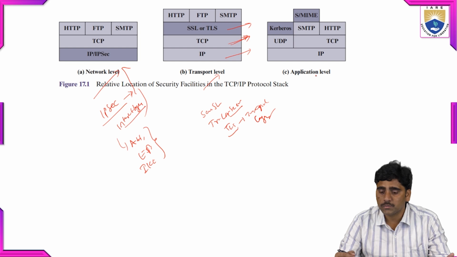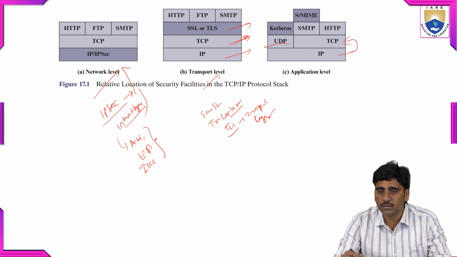Providing a specific security service to specific applications. So in this application level, above the internet protocol, there are TCP and also UDP.